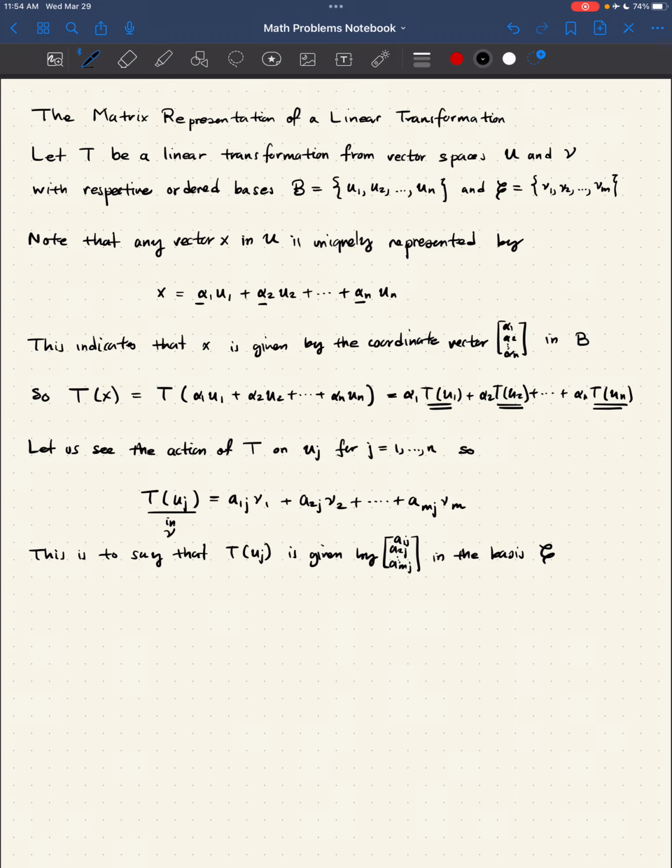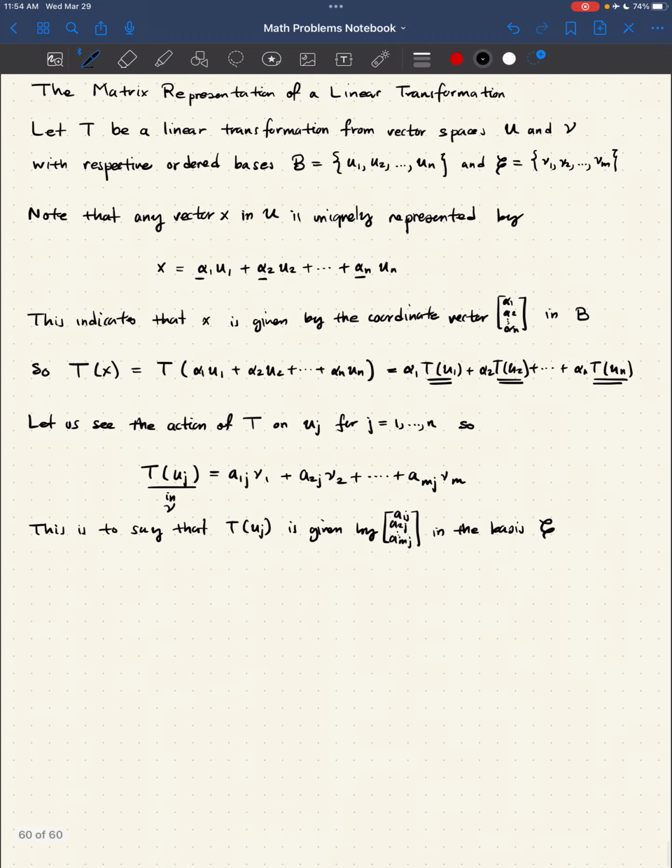Now what we're going to do is see the full action. To do that, we just incorporate all the data. Then T of x may be written as alpha 1 times a11 v1 plus a21 v2 plus and so on plus am1 vm, which corresponds to T of u1.